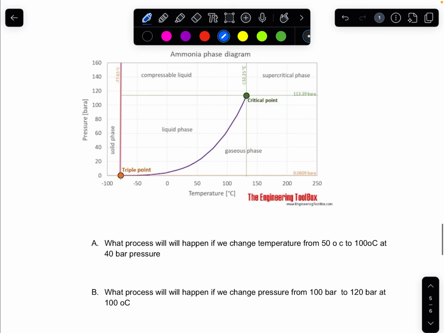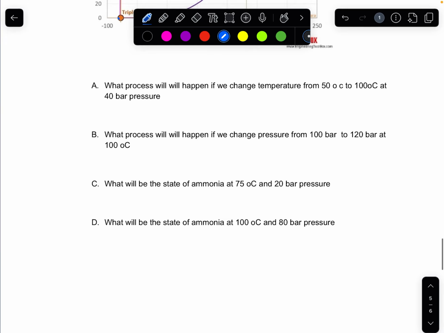You can label, the labeling is already given, liquid and gas, because ammonia is not like water. We know that ammonia is a gas at room temperature, that's why it is different. Okay, and the critical point is given there, triple point is given there. So you have to answer all of these questions. Once you are done, you have to submit the paper to the teacher. Okay, that's it.